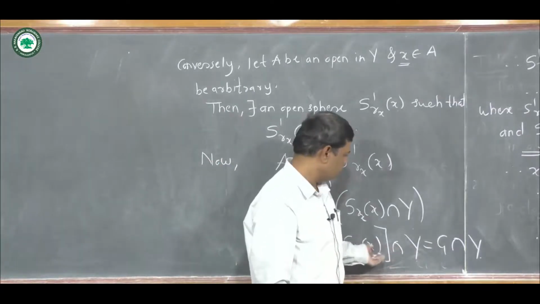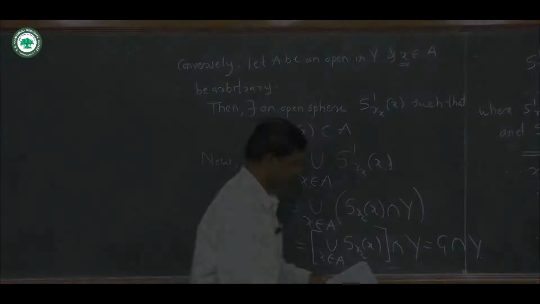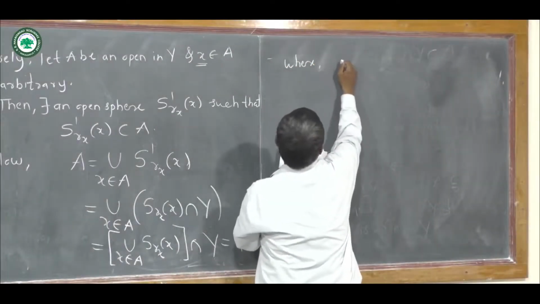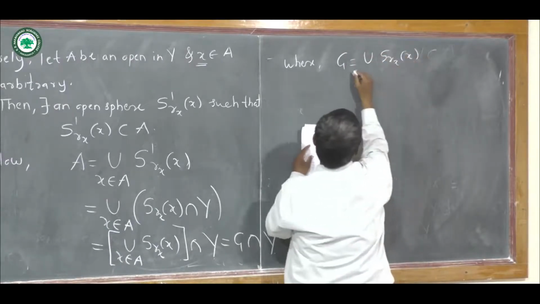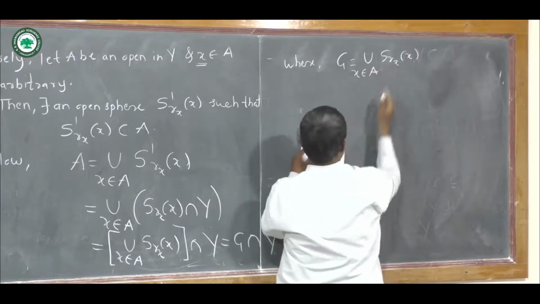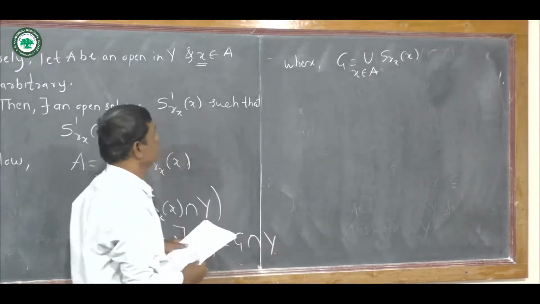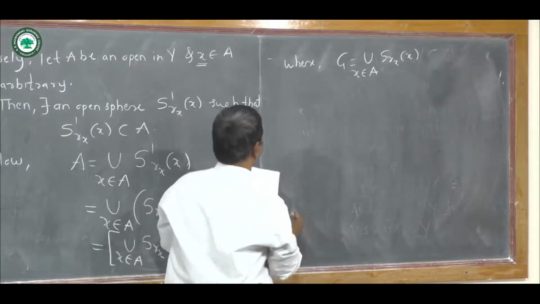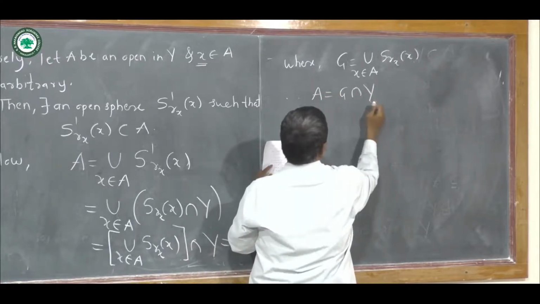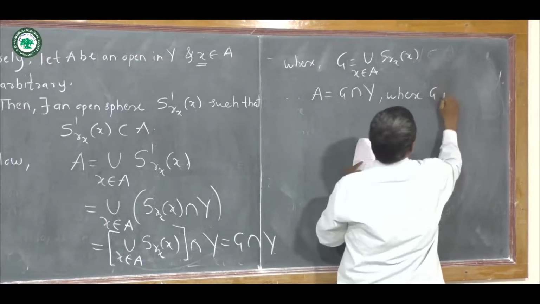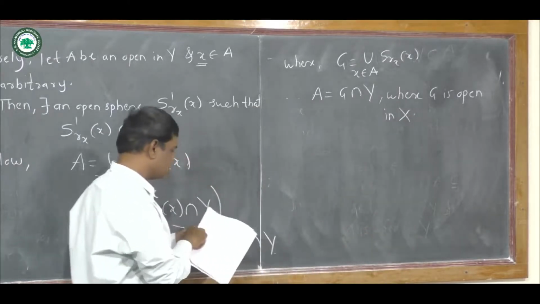So we get G intersection Y, where G is the union of these open spheres centered on x, where x belongs to A. Therefore, A is equal to G intersection Y, where G is open in X. Now we want to prove the second part.